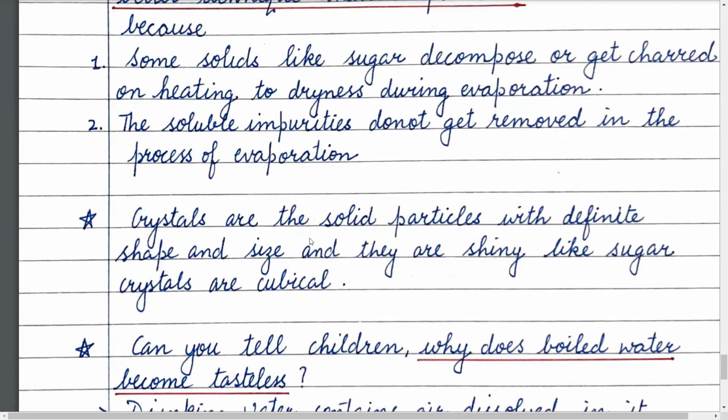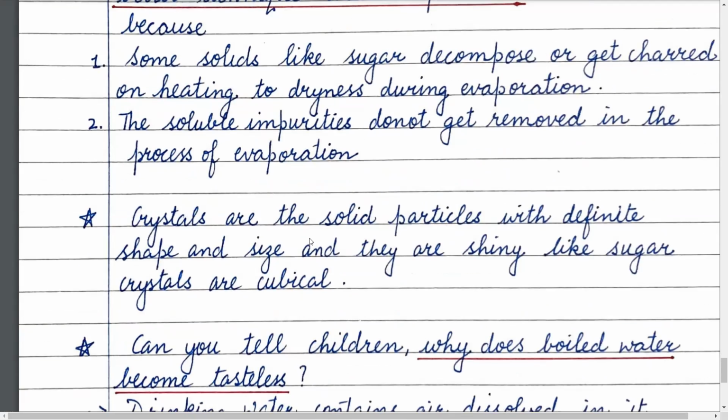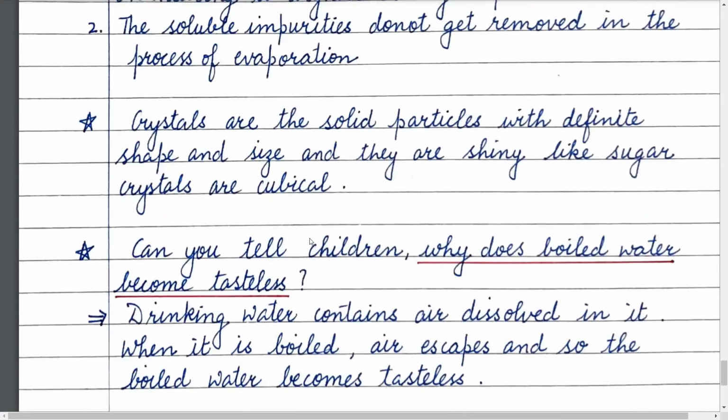Now, what are crystals? Crystals are solid particles with definite shape and size, and they are shiny, like sugar crystals, which are cubical and shiny.